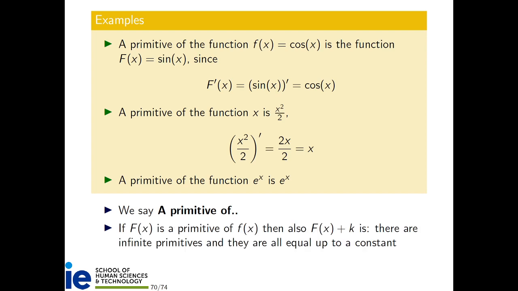Because if some function big F of x is a primitive of small f, then also big F plus k is. Why? If I compute the derivative of this term here, then this k, the derivative of that is 0, and therefore I still find small f. So for each function, there are actually an infinite number of primitives, and they are all equal up to some constant, small k.